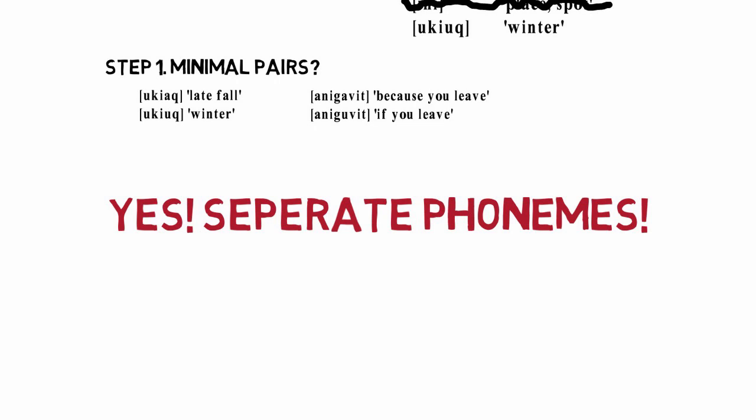On an exam or a test, if you are asked to justify why something is a phoneme or why two sounds are allophones, you will have to talk about their distribution and any minimal pairs. If you say that two sounds are separate phonemes, you must show the minimal pairs that prove this.